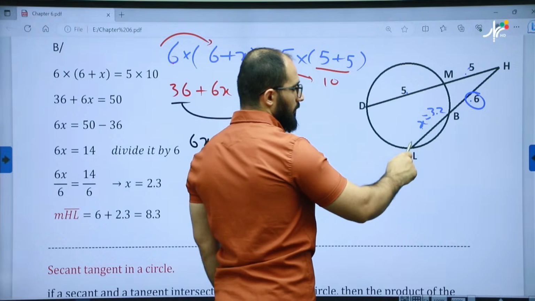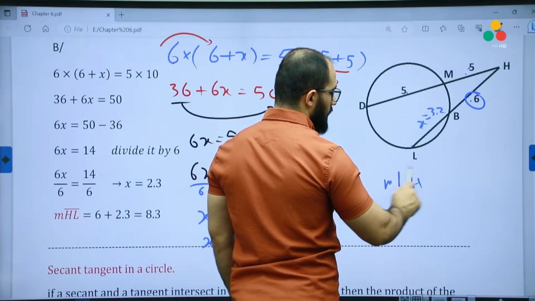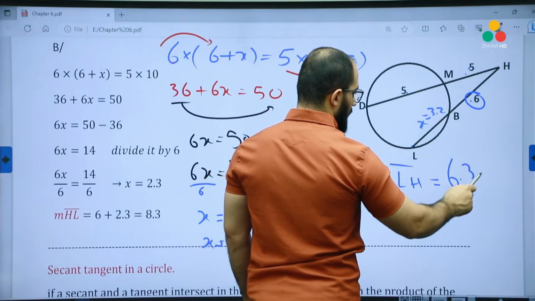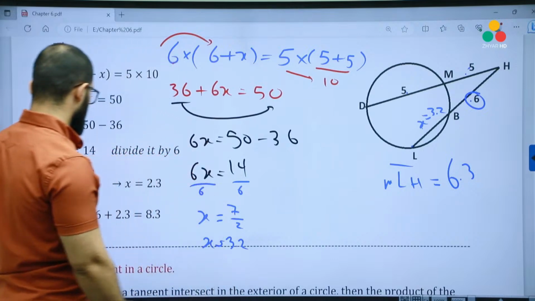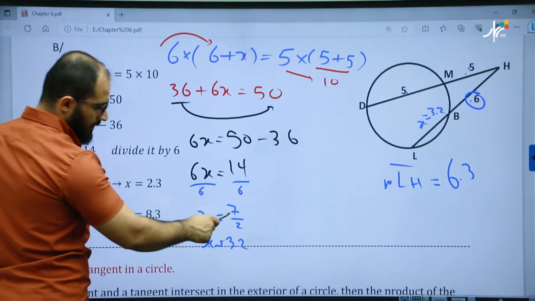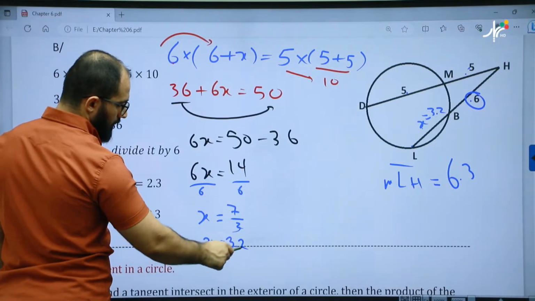If you want to find the measure of LH, it's equal to 6 plus 3.2. I think I made a mistake here. It's going to be over 3 here.